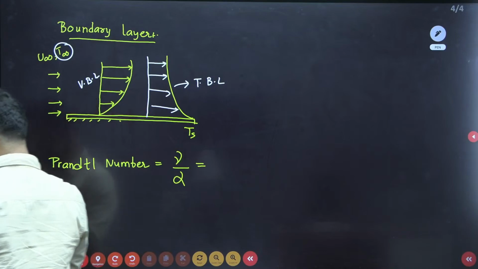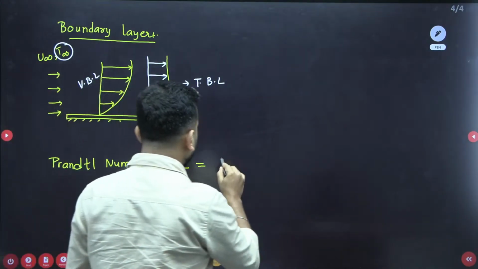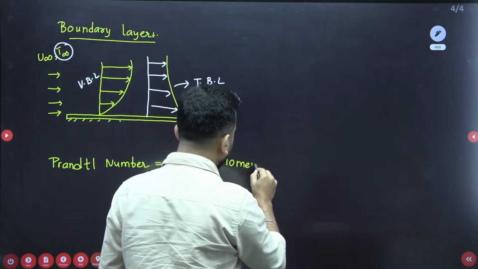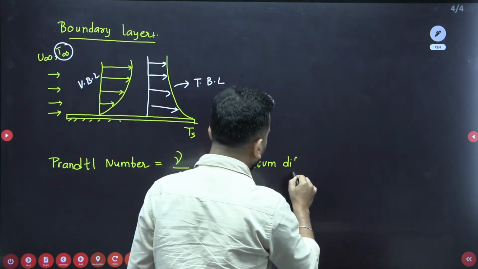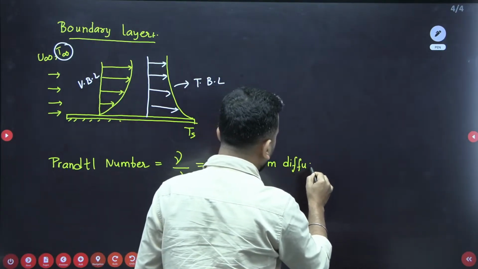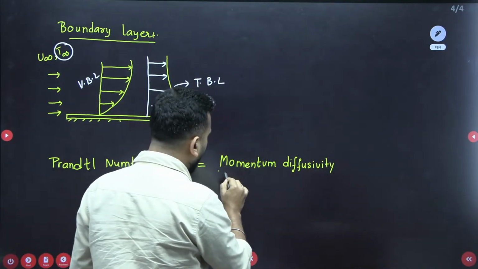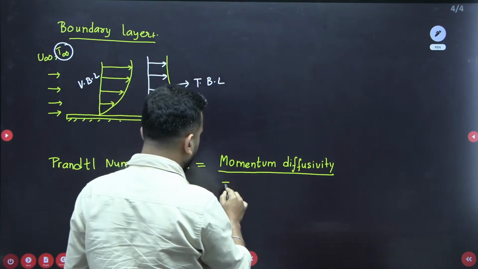Nu by alpha. What is nu by alpha? Momentum diffusivity divided by thermal diffusivity.